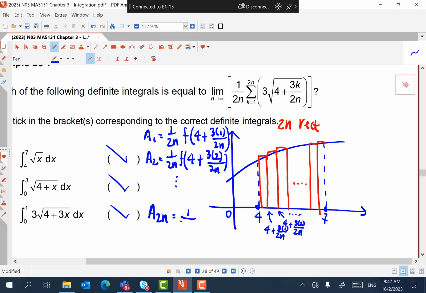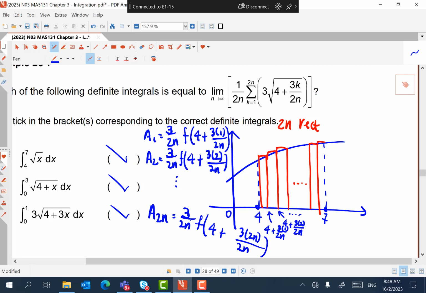Chimaya, what will it be? It's 1 over 2n times the function, and 3 over 2n times. Right, there's a 3 here. Oh, Chimaya, you and I are both wrong. She corrected me. The width is 3. I made a mistake. Okay, I think this should be correct.